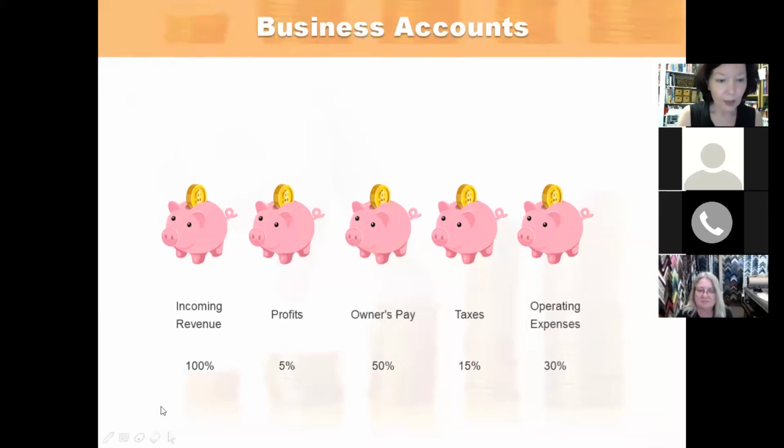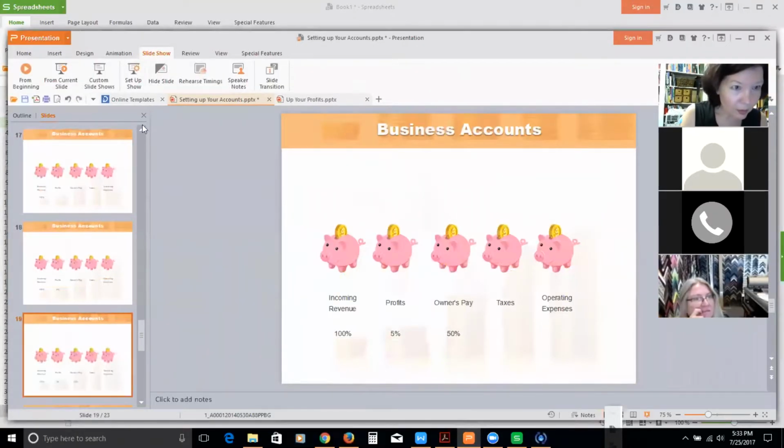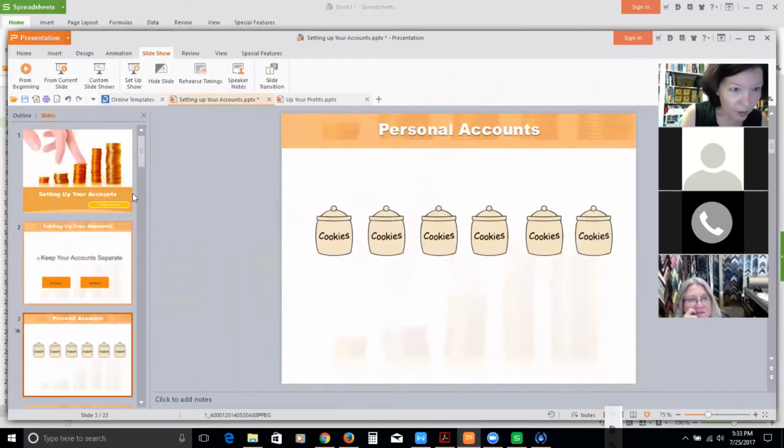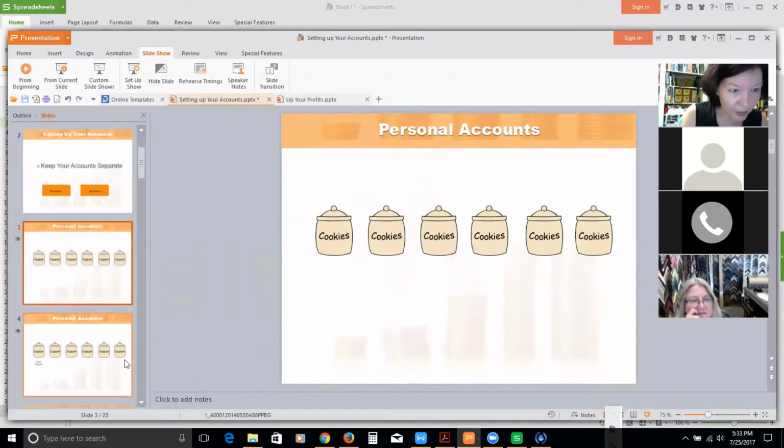Right. So it's actually, this money in the owner's pay goes into all of those other accounts in the personal accounts. Those personal accounts come from here. This owner's pay goes into this first account.